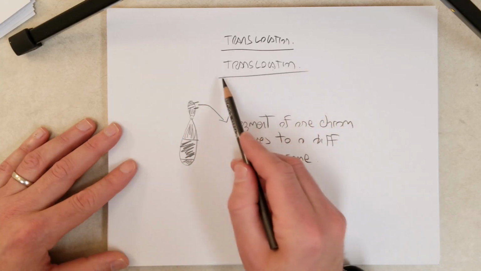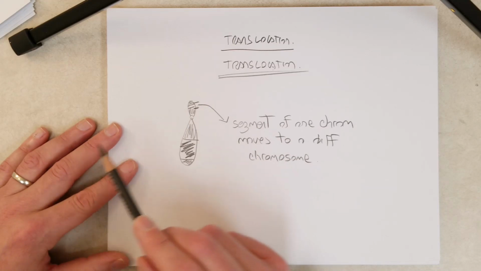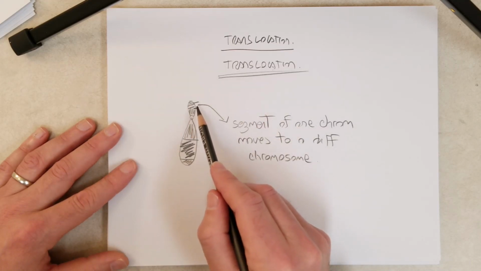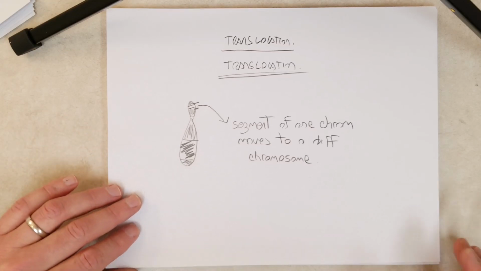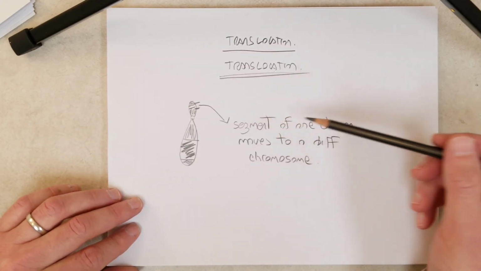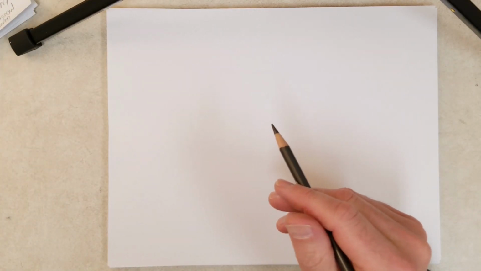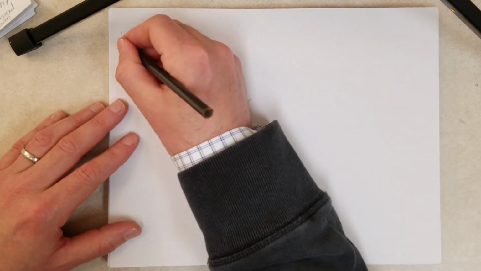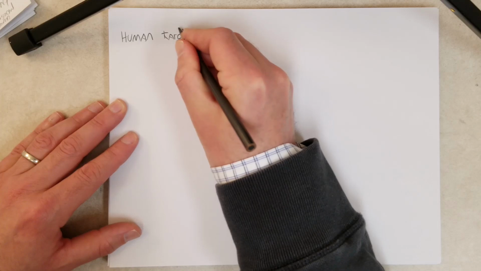And so we're going to see a case where translocation of the SRY to a different part of the genome can change whether or not a Y chromosome determines sex in humans. So translocation, segment of one chromosome moves to a different chromosome. So, okay, we have this term we haven't talked about in a while, which is a karyotype.